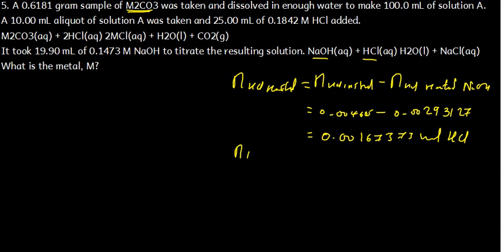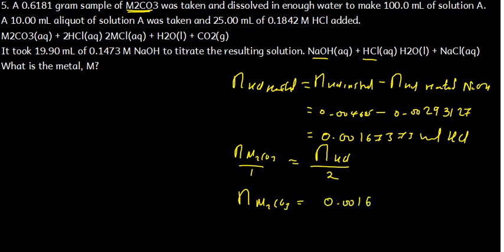So the number of moles of M2CO3 over 1, from the mole ratio, should be equal to the number of moles of hydrochloric acid over 2. So the moles of M2CO3 equal 0.00167373 divided by 2, and that is going to give us 0.00836865 moles. So these are the moles of that compound which were present.